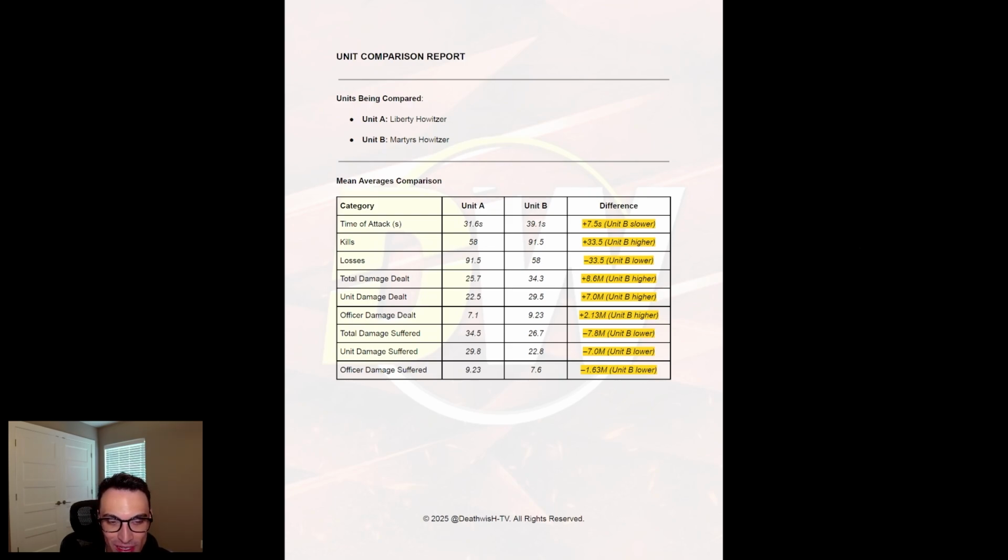And going on to unit damage suffered, average of 29.8 for Liberty and 22.8 for Martyrs, for a grand total of 7 million less for Martyrs. And then last but not least, officer damage suffered was 9.23 million for Liberty and 7.6 million for the Martyrs, for a grand total of 1.63 million difference in Martyrs' favor once again.